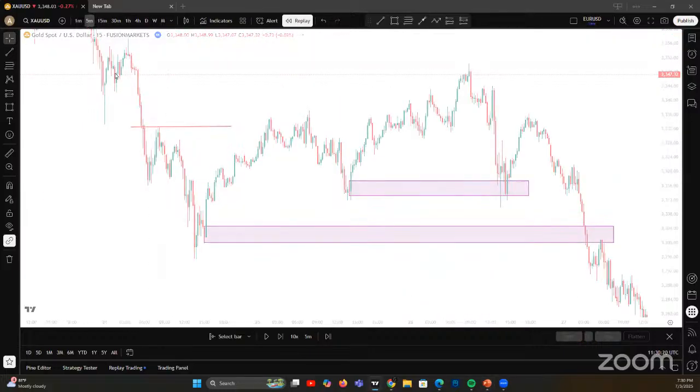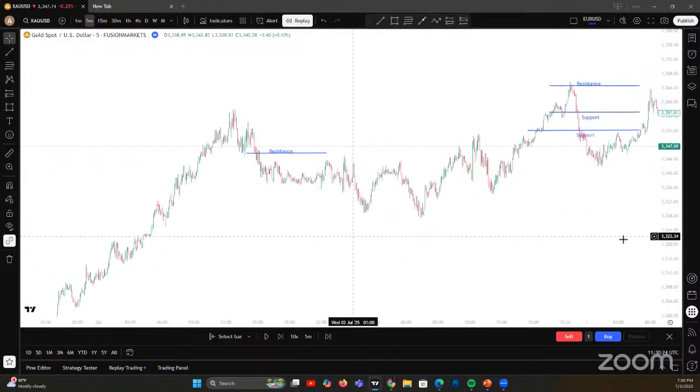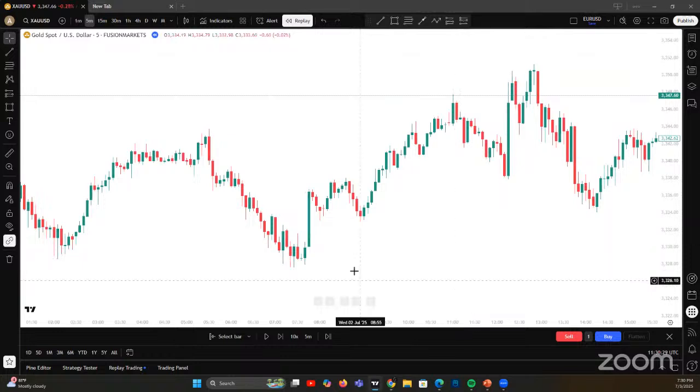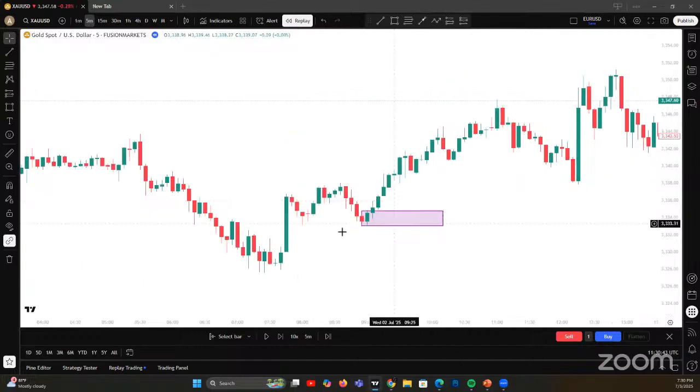5 minute. There. You mark all the wicks from that red candle, from the wick to the wick, not the body or the wick-to-body ratio.